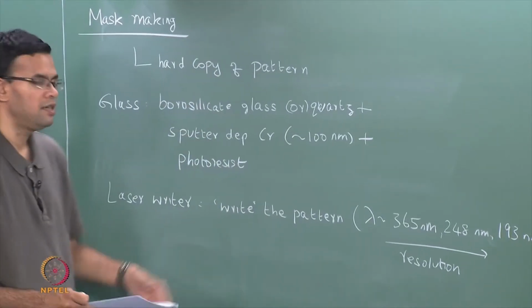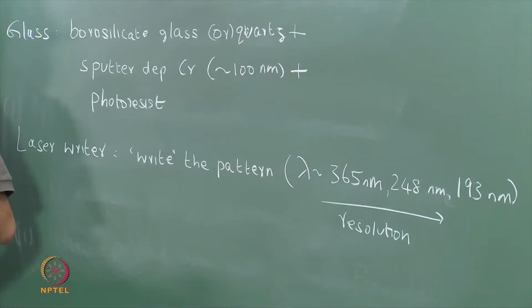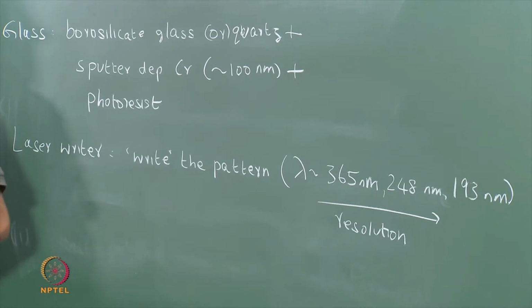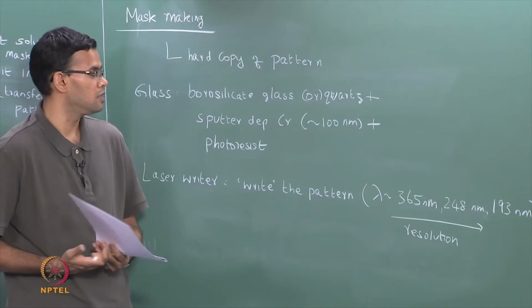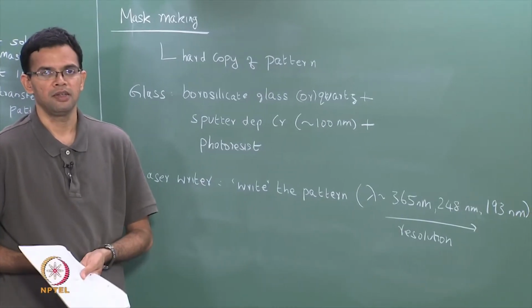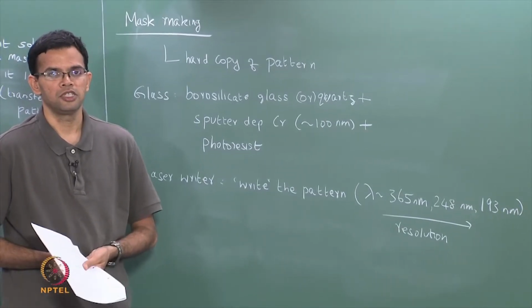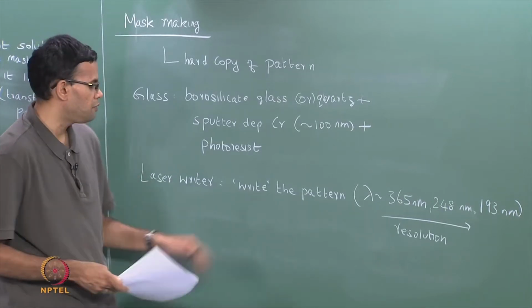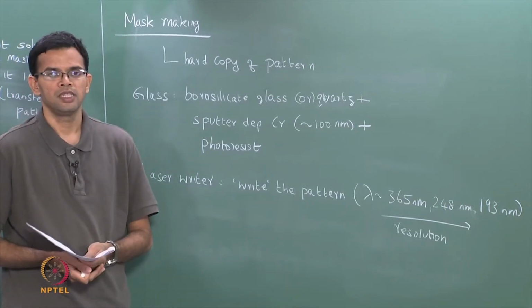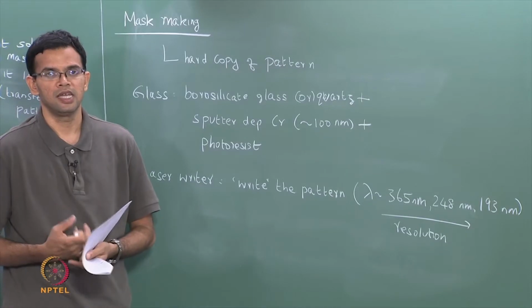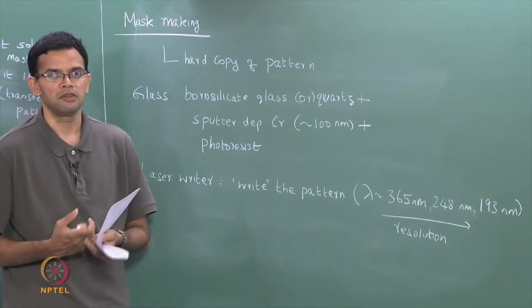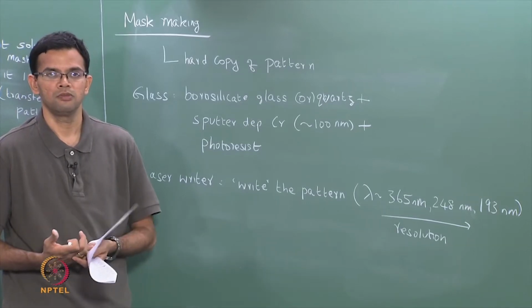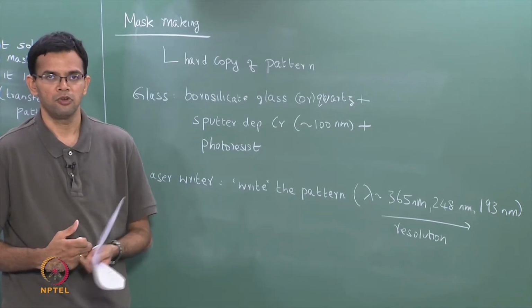So the laser writer is used to write the pattern onto the mask, and this is a process that can typically take hours. Again, this depends upon how intricate the pattern is and what resolution is required. After writing the pattern, once again the photoresist is developed, so that wherever you have the pattern being written, those regions are removed and the chromium is exposed.